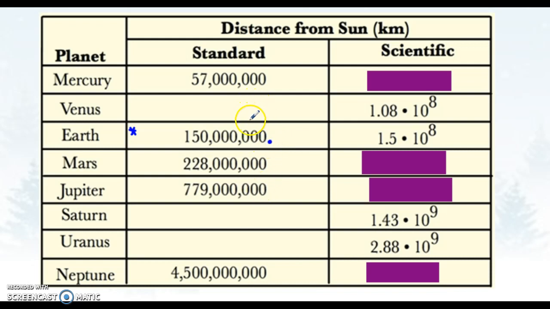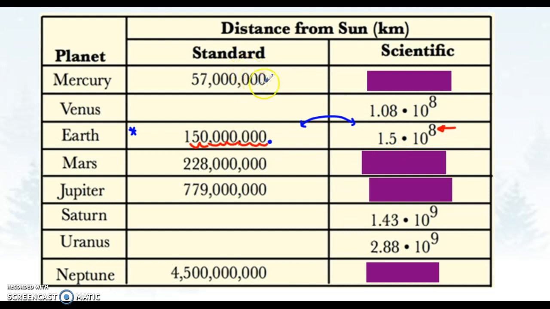And to convert from standard form to scientific, I have to take that decimal point and move it. It's been moved 1, 2, 3, 4, 5, 6, 7, that gets me 15. That's not between 1 and 10. 8 number of times. That's why this number right here is positive 8. Because the decimal point was moved 8 times to get 1.5 to be a number between 1 and 10.